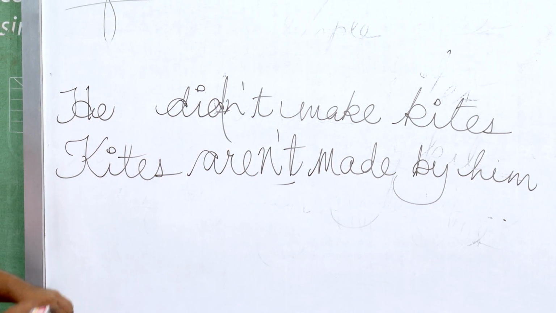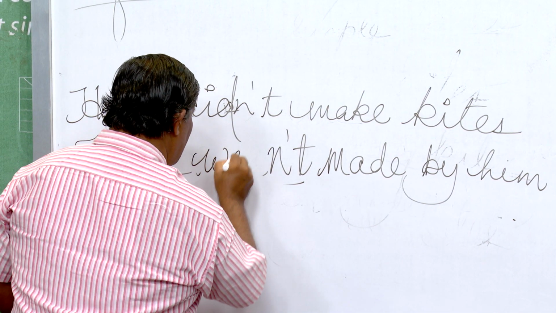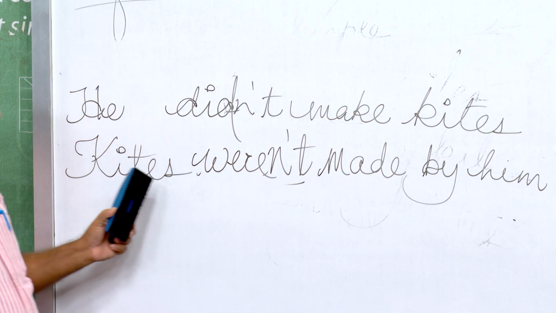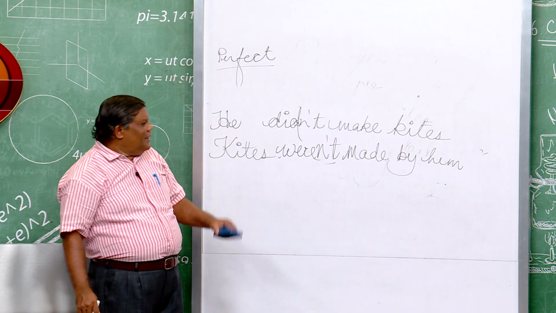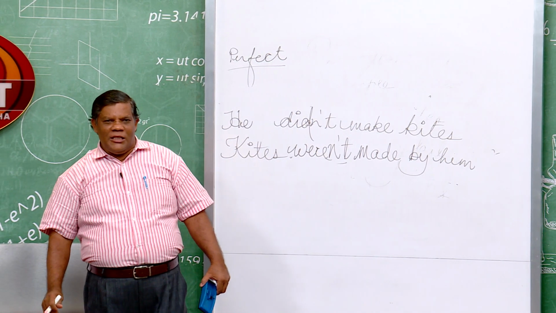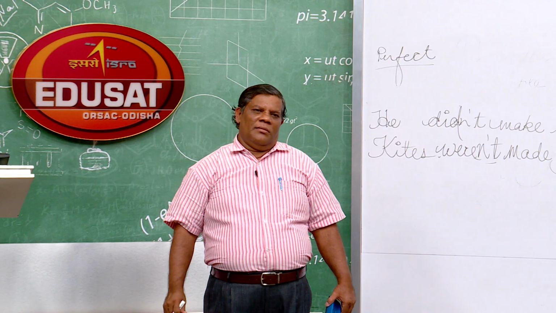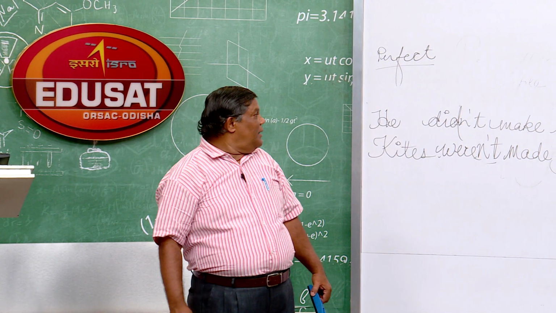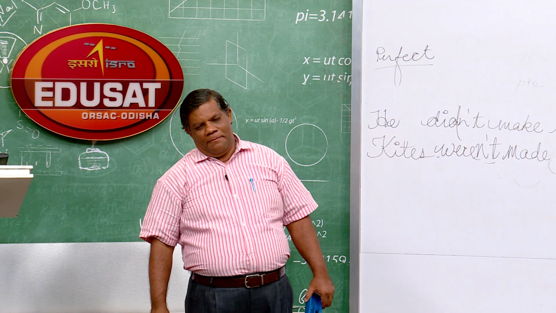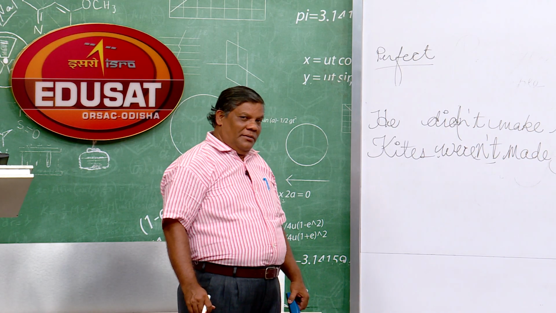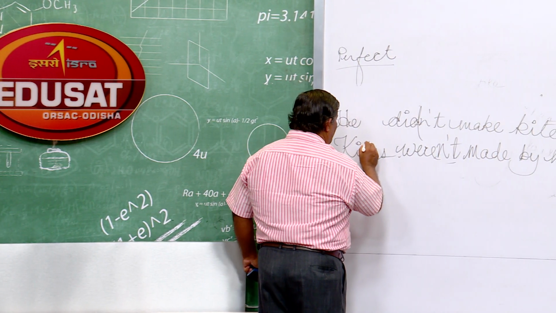When we make it passive, simply it is were, then not. Kites were not made by him, only not is added. We should make transformation of passive sentences and choose whether they are affirmative sentences or negative sentences. So, for affirmative or negative, we need these things for transformation of sentences.